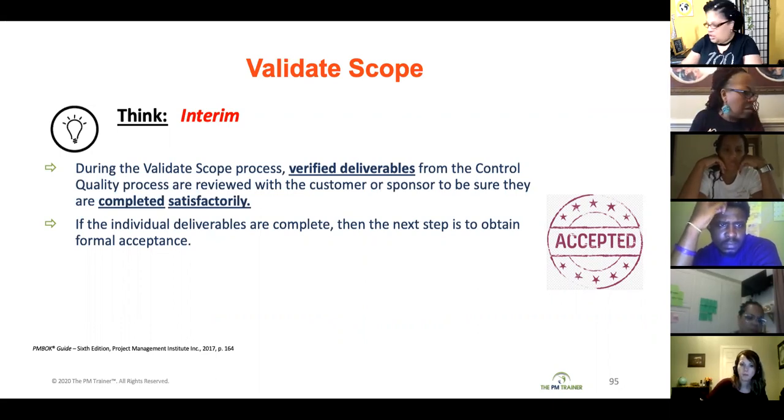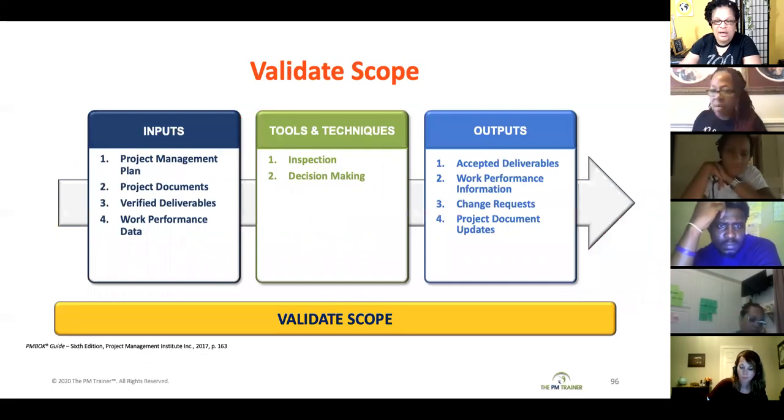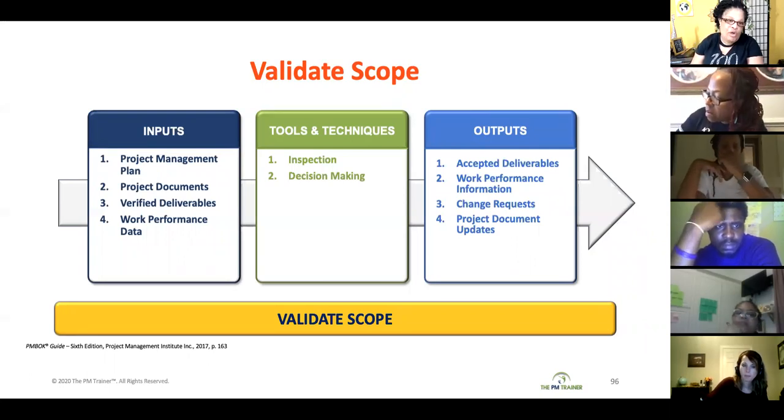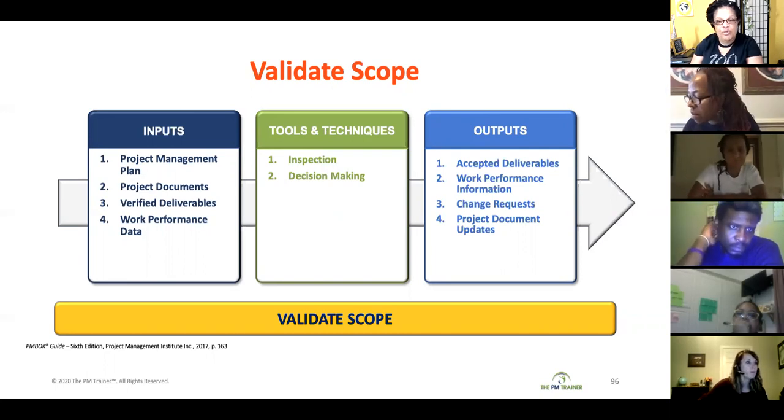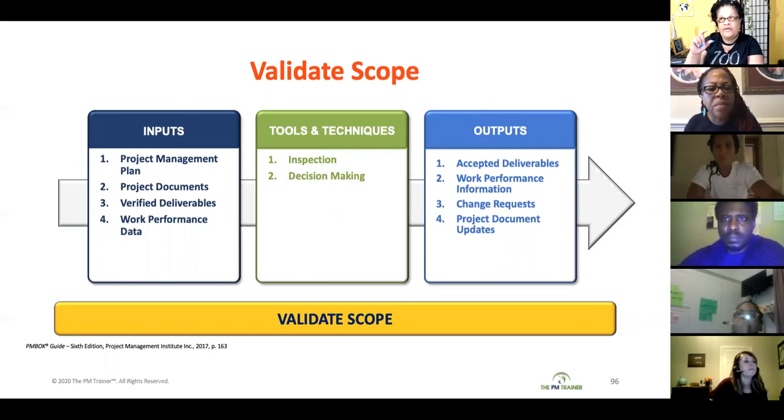Okay? Your ITTOs for your validate scope process starts with your project management plan, which includes your scope management plan, your requirements management plan, and your scope baseline. Your project documents are going to be your requirements documentation and your requirements traceability matrix. And if you remember, I said that the requirements documentation is where the detailed description of your requirements are.